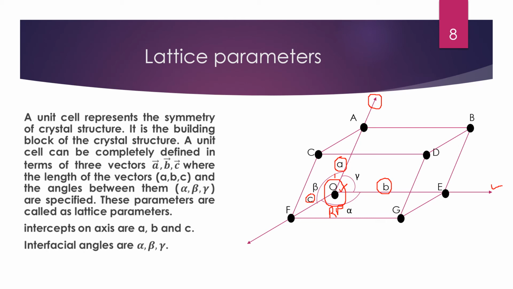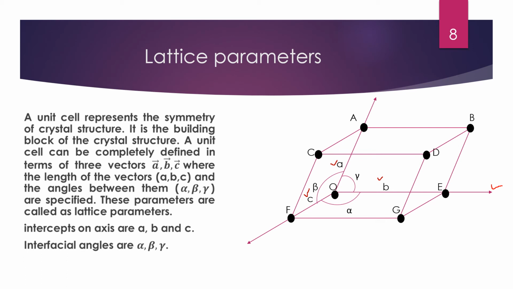So a, b, c are the different gaps due to the lattice structure, or we may say due to the various types of atoms which exist at some distance from the central reference atom. So we have defined the lengths of the vectors in terms of small a, small b, and small c. These three lattice parameters are basically the minimum distance between two lattice points.